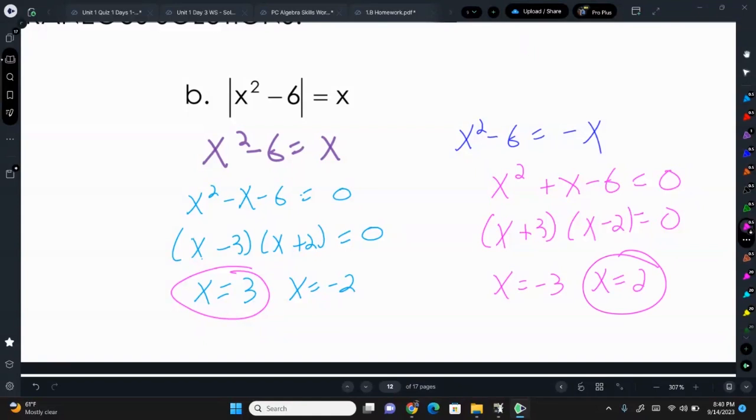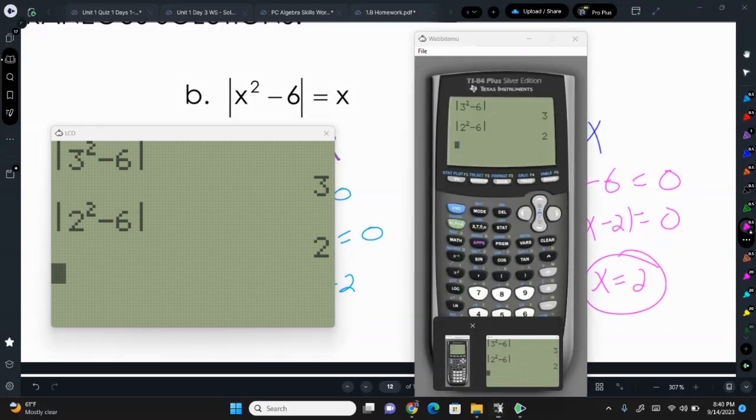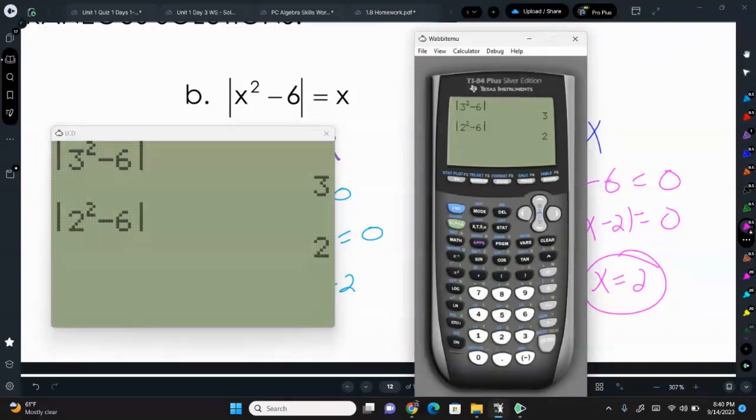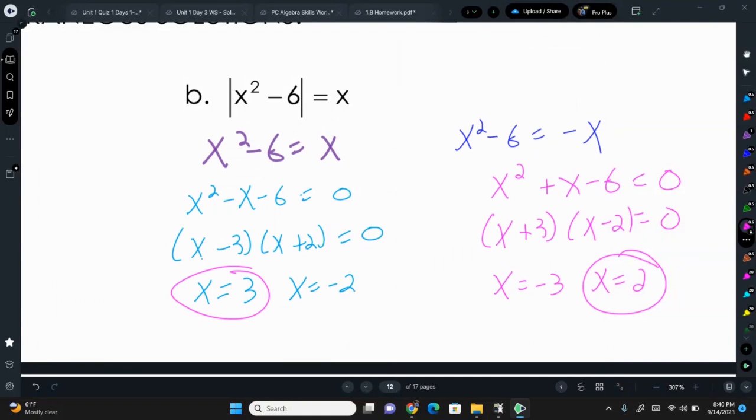Now, when we type in the other ones, you don't really have to do that for 2 reasons. One, because negative 2 squared is going to give you the same thing as positive 2 squared. The difference, though, is we can't have the absolute value equal a negative number. So when we plug in -2 for x on the right side, it's going to give us no solution.